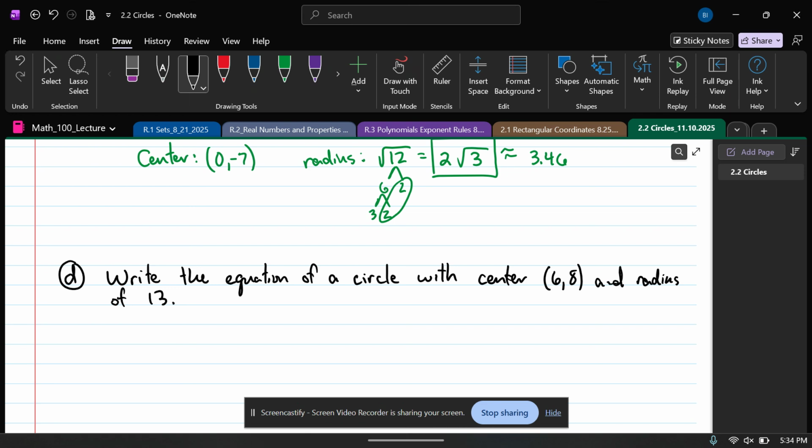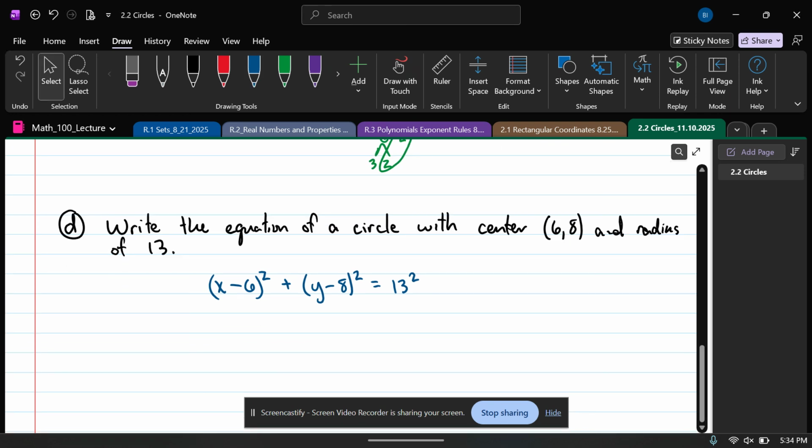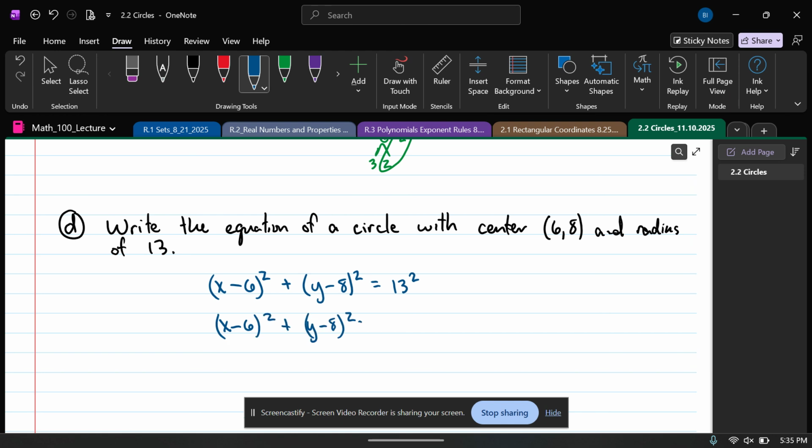So go the opposite direction. Very good. 13 squared would be 169. And that would be your final answer there with the 169 in there.